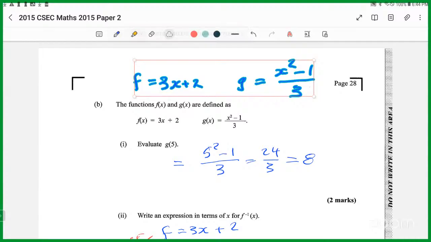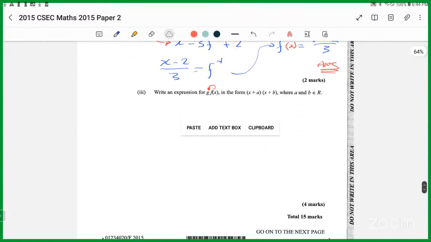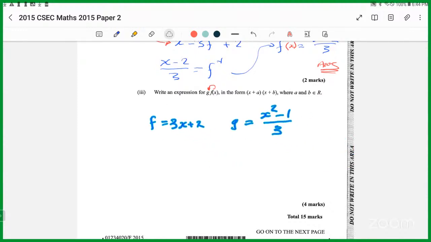So let's copy this down, put it down here, and we are putting f into g. F into g means that we're taking all of the f and putting it into the g right here. That's how we put f into g to form this composite function.